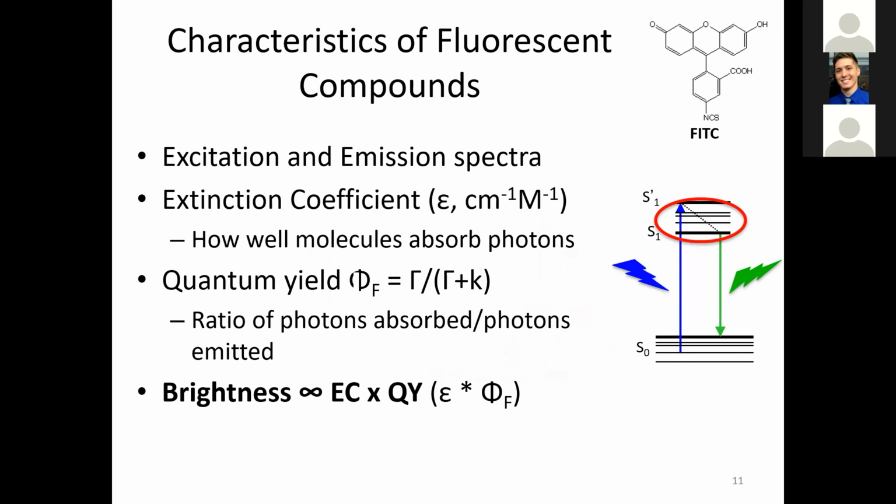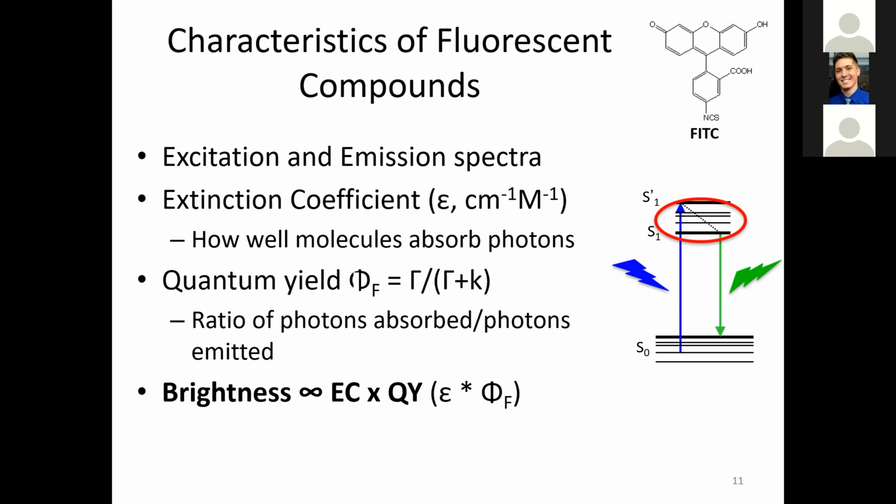Another couple of properties of fluorescent molecules that I want to point out, in addition to the excitation and emission spectrum, are the extinction coefficient, how well your molecules absorb photons. The more efficiently they absorb photons, hopefully the more efficiently they will emit photons. So the quantum yield is that ratio of photons absorbed versus emitted.